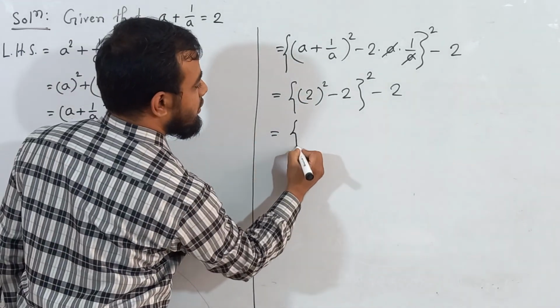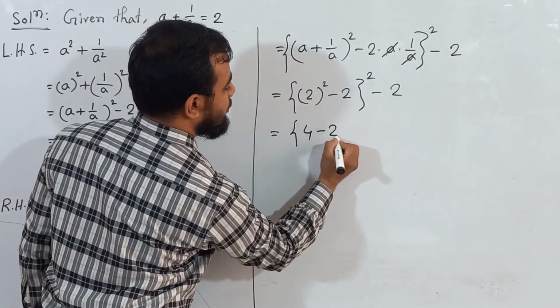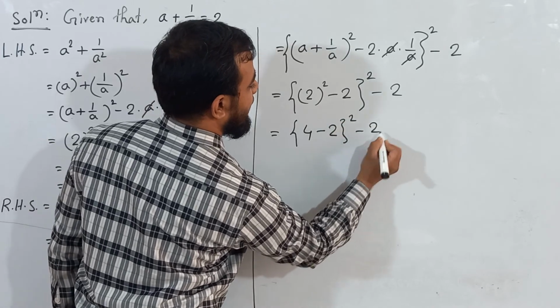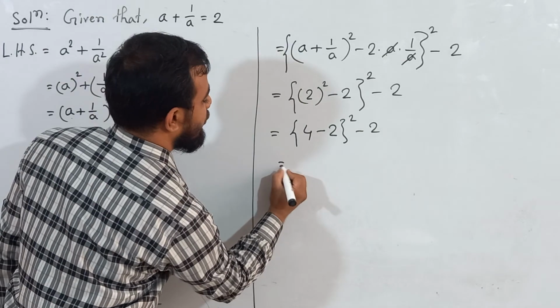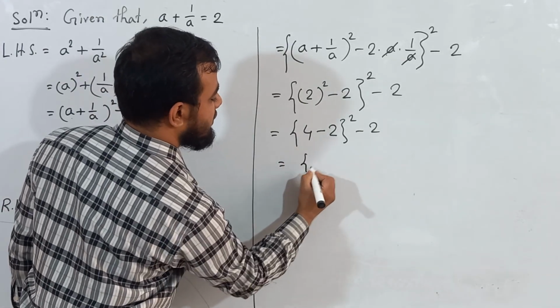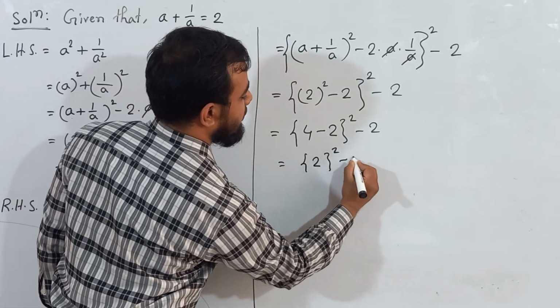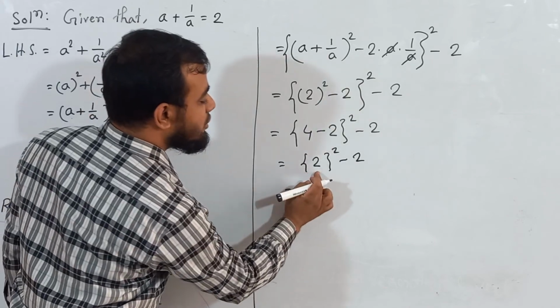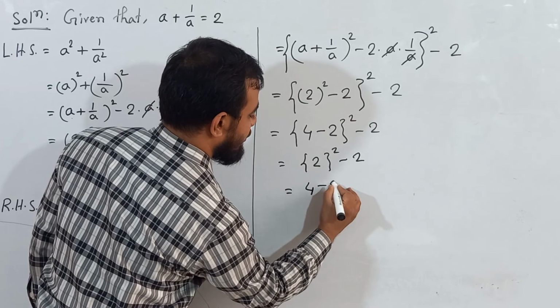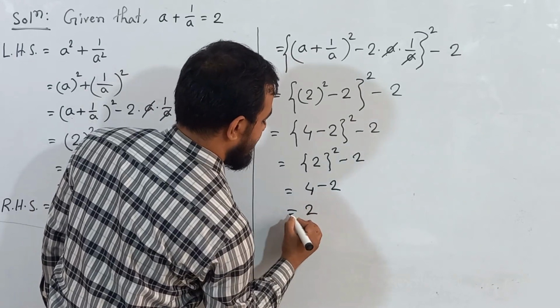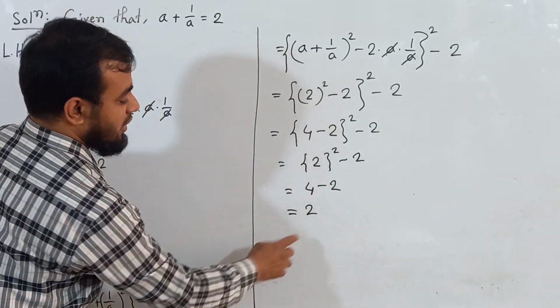I have only put the value of 2 squared here, 4. Now 4 minus 2 is equal to 2, squared, minus 2. Students, 2 squared is 2 multiplied 2 times. 2 twos are 4, minus 4... that's equal to 2. Yes, we have got the value of the right hand side is also 2.